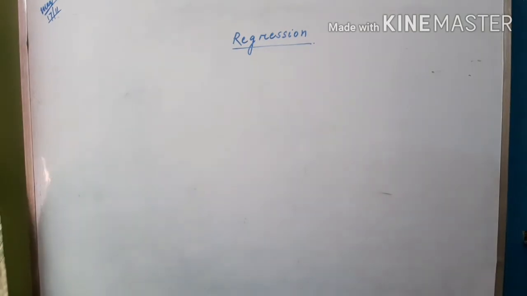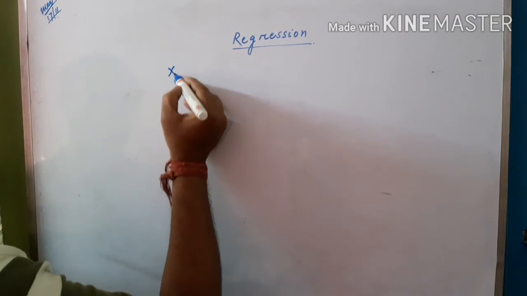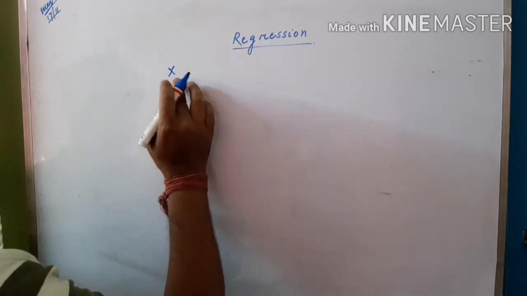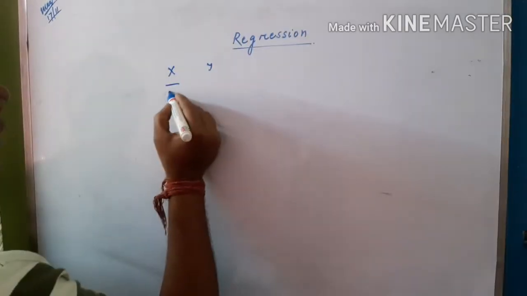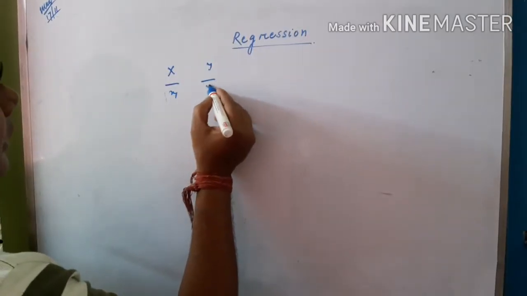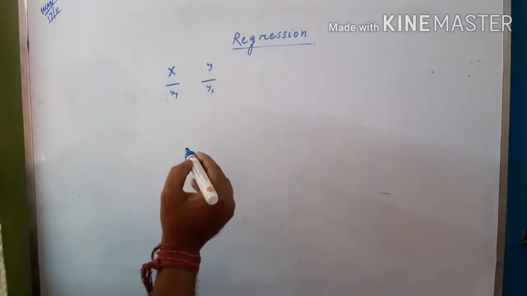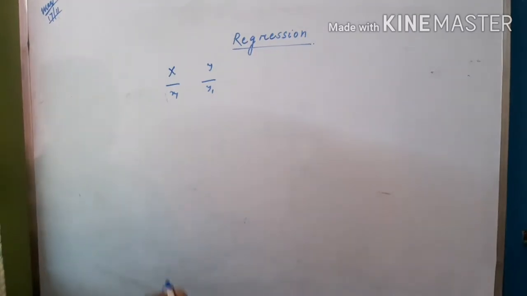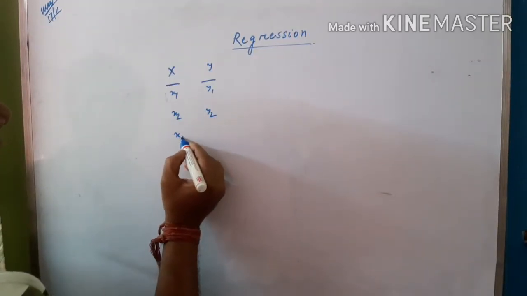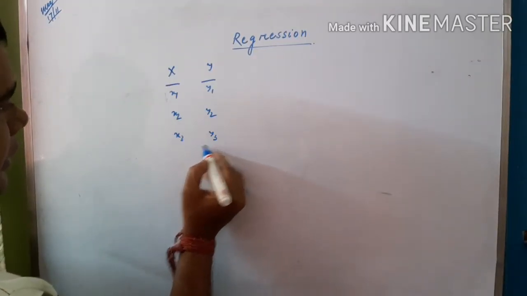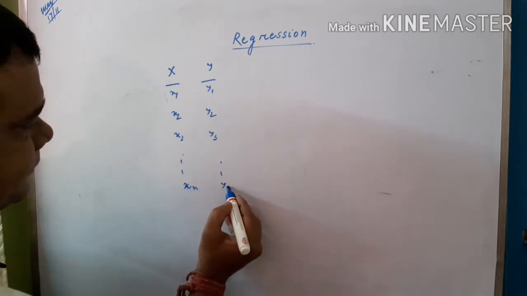Regression, let us start with bivariate data. Now, if we are given two variables x and y, and corresponding to each value of x there is a specific value of y, we say the observations are x1, y1, x2, y2, x3, y3 and xn, yn.